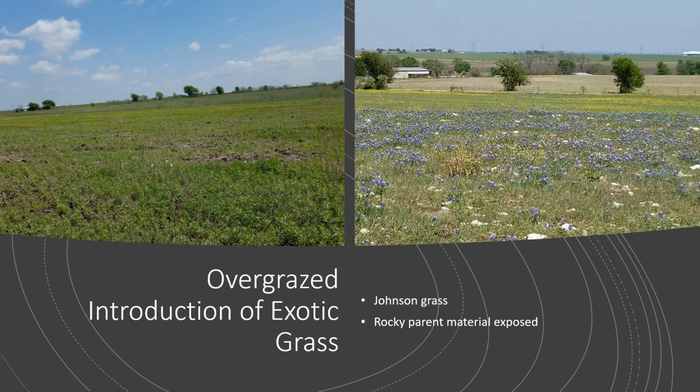Grazing itself is not a bad practice, but how it's applied can really influence the impacts to the habitat and to plant communities. Also, with the lack of grazing and lack of fire, rather than this open prairie, which is more similar to what it was historically, you might see thickets of cedar elm and hackberry growing back in.